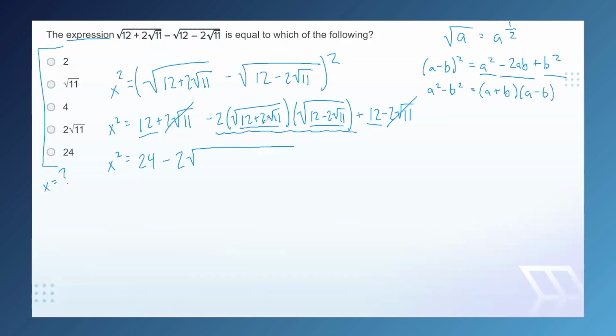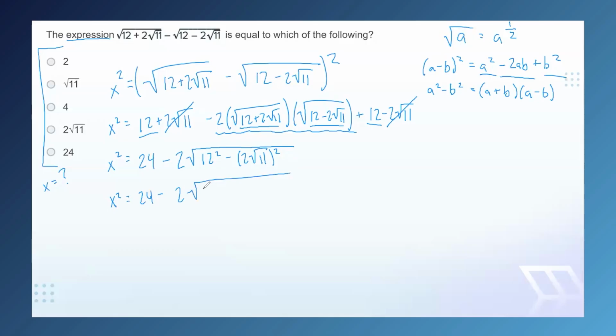And that is exactly what we're going to have here under this big square root. So applying that here, we're going to have 12 squared minus 2 root 11 squared. And again, if you don't notice the difference of squares, you can again just FOIL and you'll get the same thing, just a little slower. All right, working at this a little bit more.